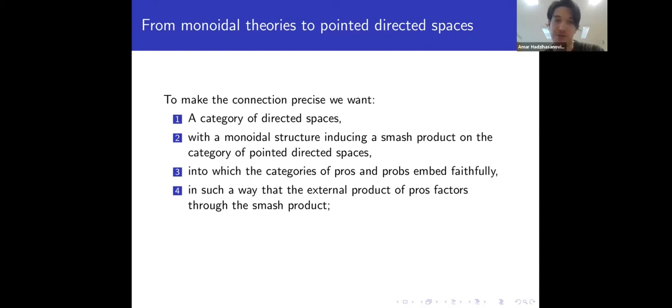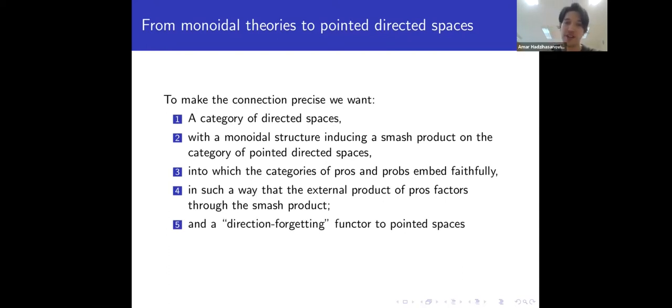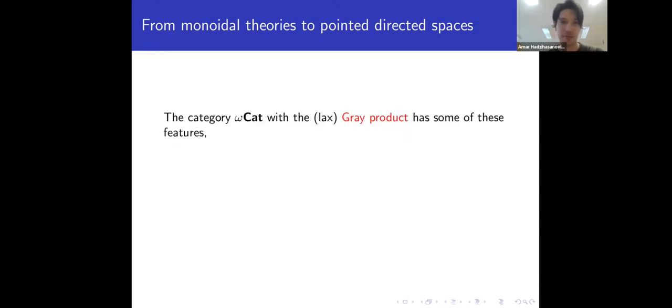And in addition, to have a functorial bridge to mesh products, we also want a functor from directed spaces to pointed spaces that sends mesh products in the directed sense to mesh products in the usual sense. And that's what we do get in this paper.